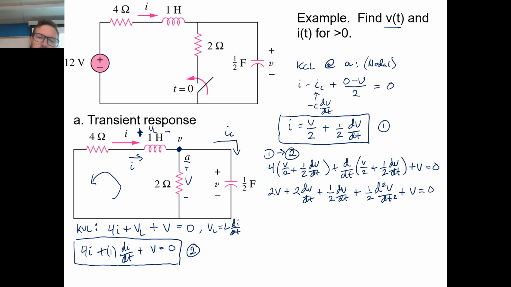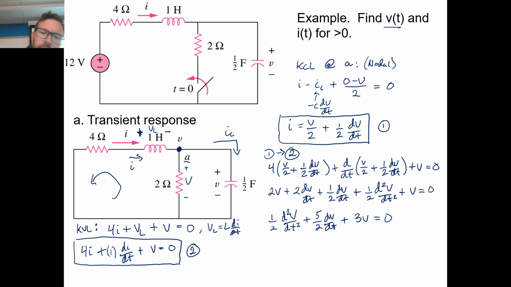So we get our 1/2 times the second derivative plus, we're going to collect terms on dv/dt. So we have a 2 and then a half, so that's 5/2 dv/dt plus, looks like we have a 2v and a v, so we get a 3v there, is all equal to 0.